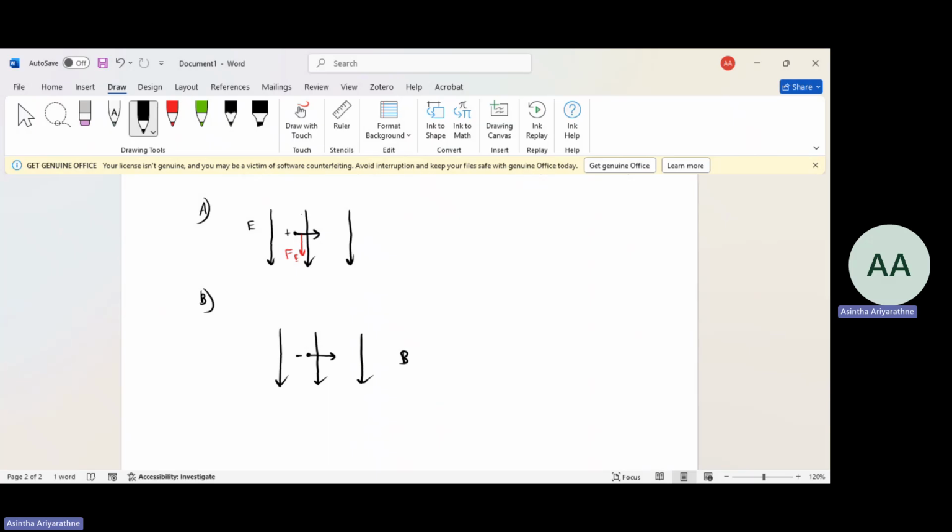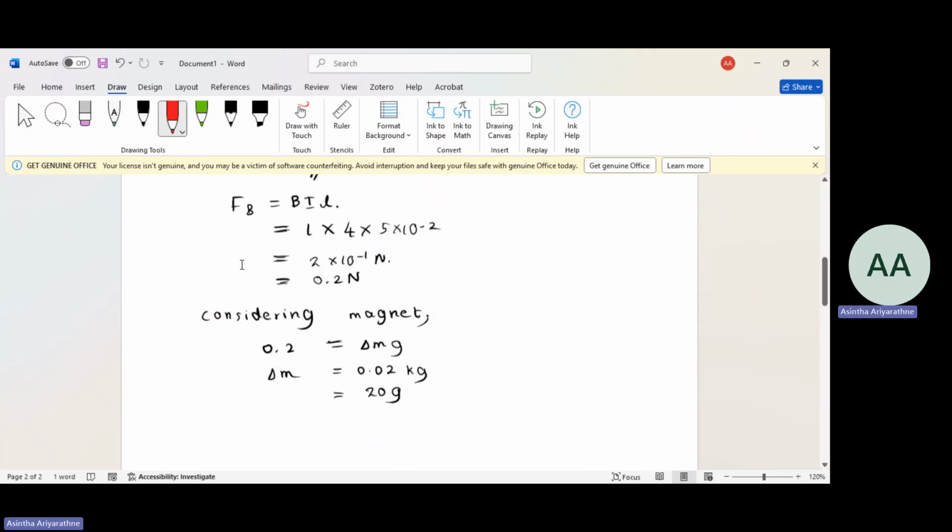So the magnetic force is outward from the wall. The particle will not shift downward, so B is incorrect.